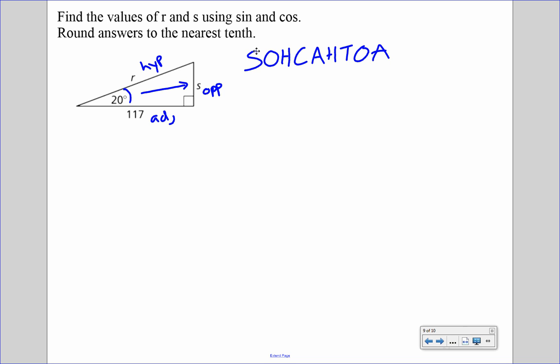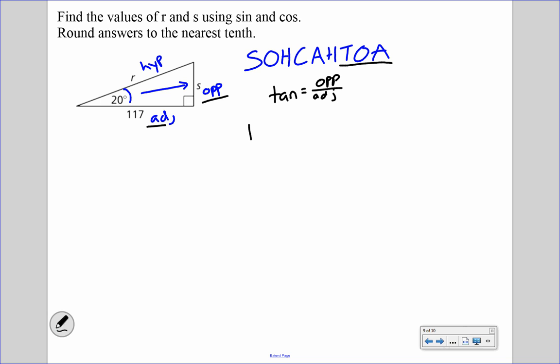So if we're looking for s, that's our opposite side, and we're given our adjacent. So we go to our shortcut, which trig function uses opposite and adjacent, and that's our tangent, because the tangent equals the opposite over the adjacent.